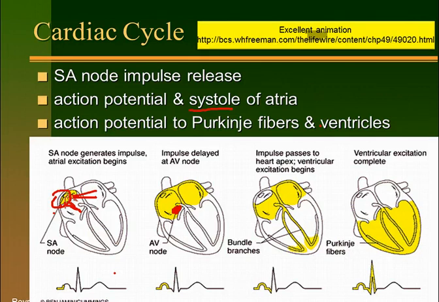And the impulse now travels down the bundle and down the 2 bundle branches and gets to the Purkinje fibers. You see that right here. And as it moves up the Purkinje fibers, the action potential now is going to precipitate the contraction of the ventricles. Okay, so let's go to the next.